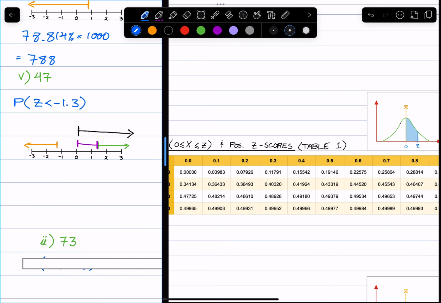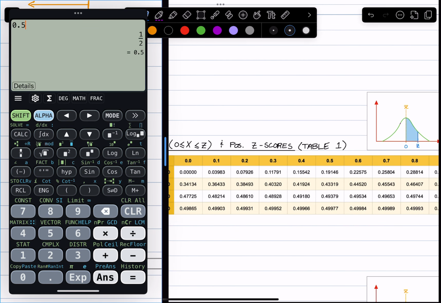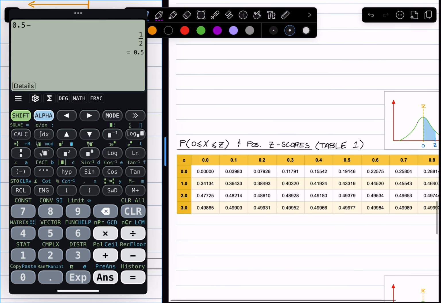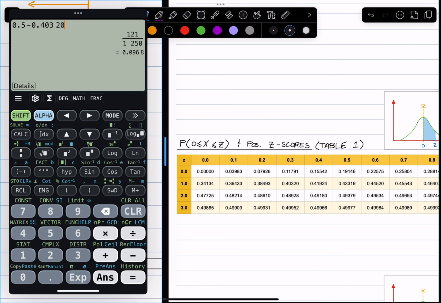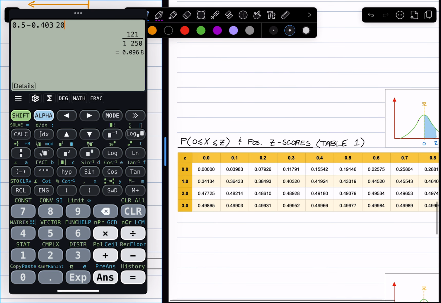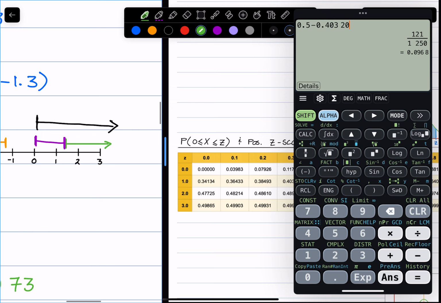So let's calculate that. 0.5 minus 1.3, which was 0.40320, gets us 9.68%.